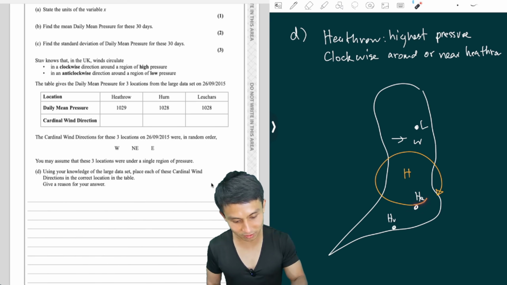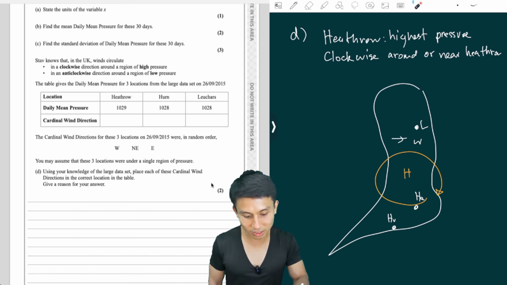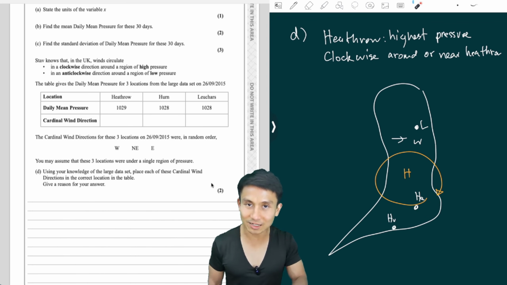If you go around from there, and when it's arriving at Herne, it's probably about to go in that direction. If Herne was just below Heathrow, almost directly to the south, it would be from the east, just the opposite to Lucas from the west. But this is not exactly to the south.